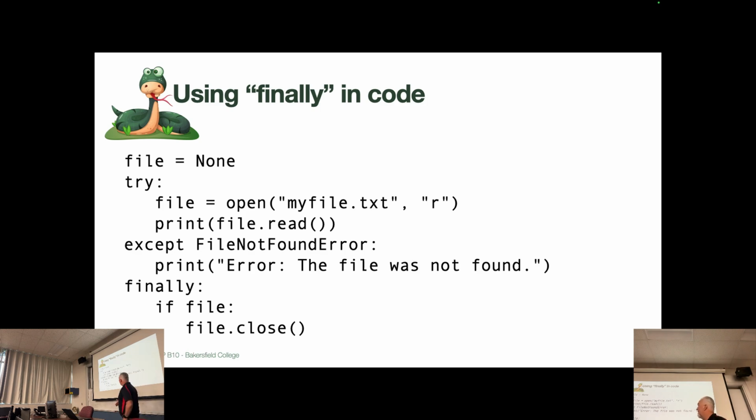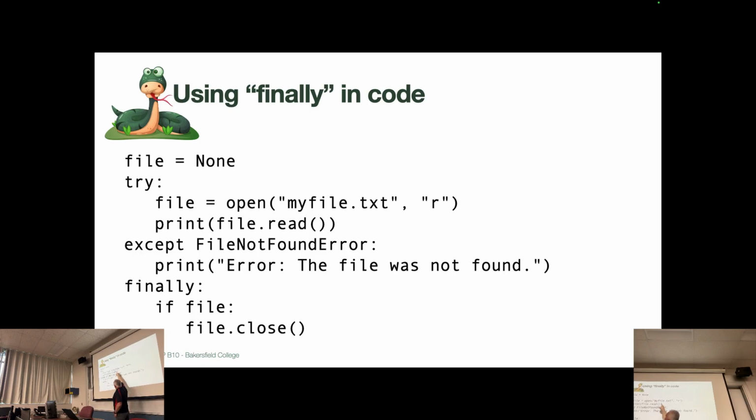And it makes sure that if there's an error in here, maybe when you try to read the file, it's corrupt or something, if something bad happens, it always makes sure that the file gets closed, no matter what.